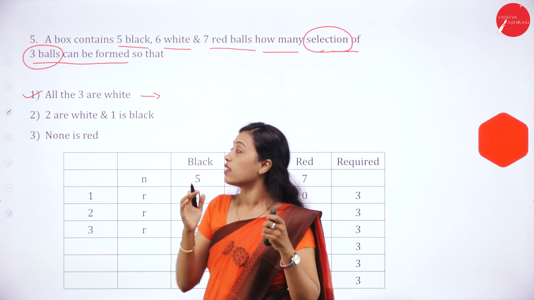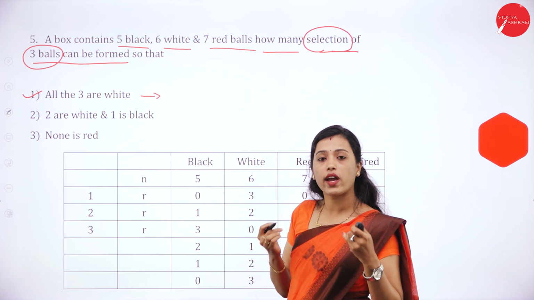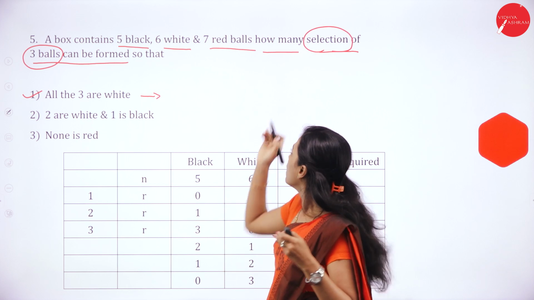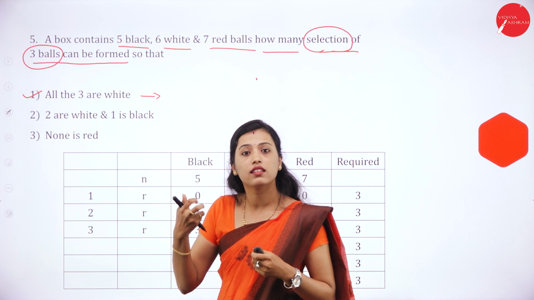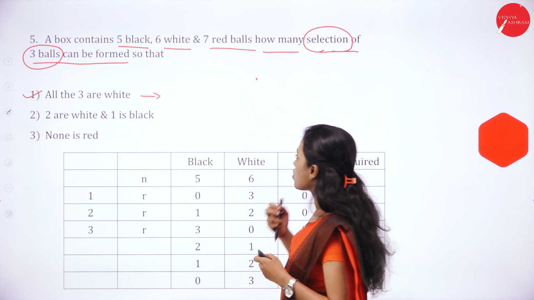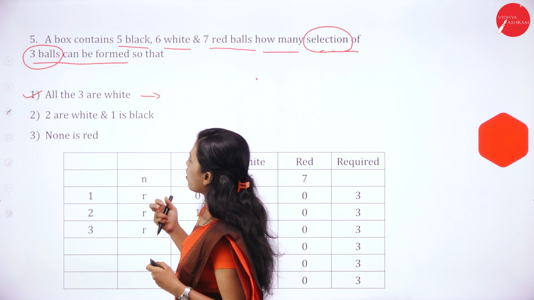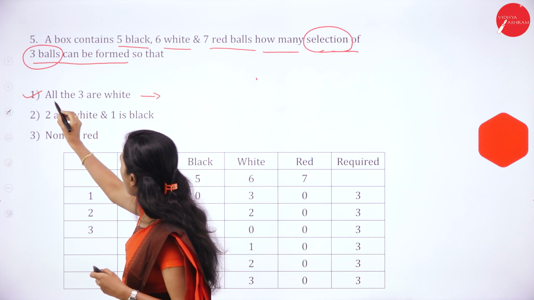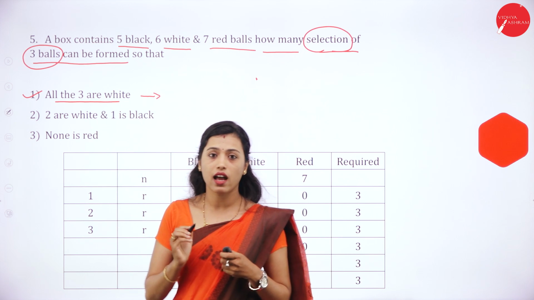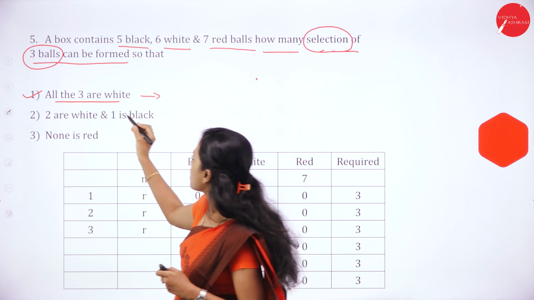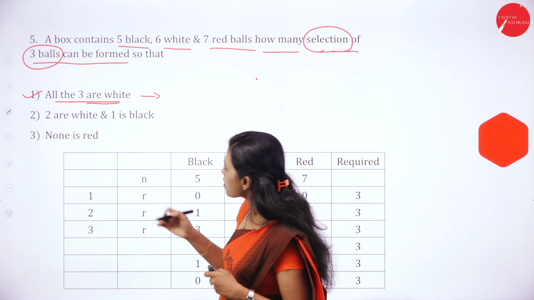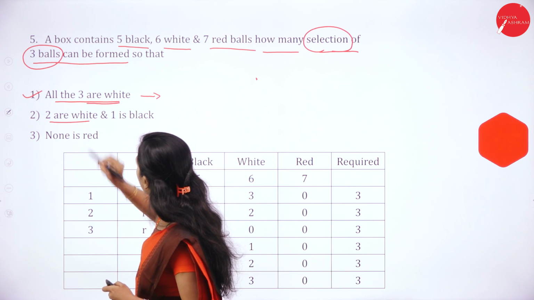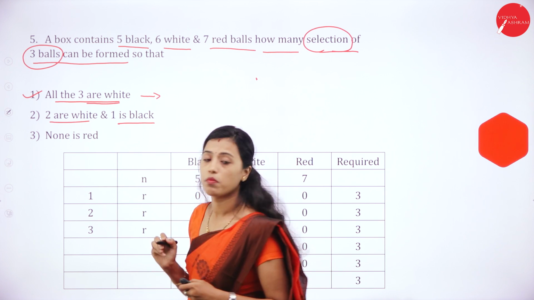In a box there are 5 black, 6 white and 7 red balls. We are going to select only 3 balls. Out of 3 balls, the first condition is all the selected balls are white. The second condition is 2 are white and 1 is black.